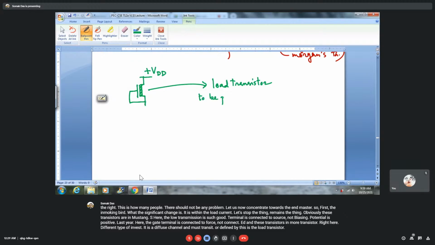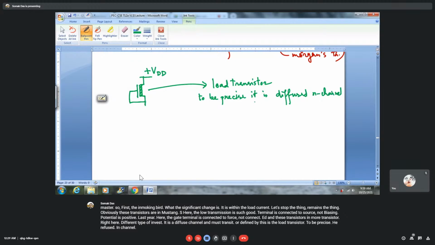So this is the load transistor. To be precise, it is a diffused N channel load transistor. So a diffused N channel load transistor is symbolized by this pattern. The channel is shaded.